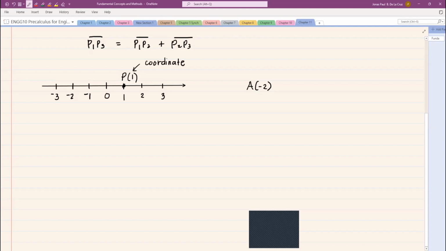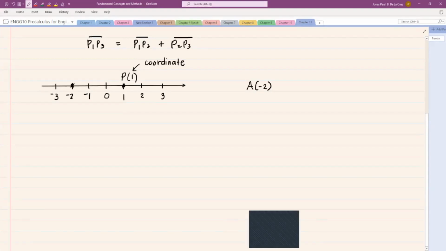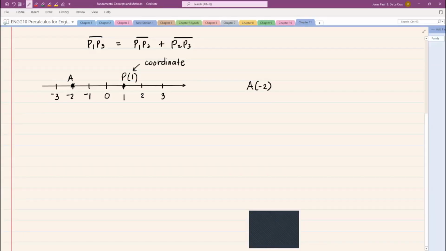So it is here. This is point A. Point A is located 2 units to the left of the origin. So that's how we plot a point on the number line. This is the number line, or the real number line, or one-dimensional coordinate system.